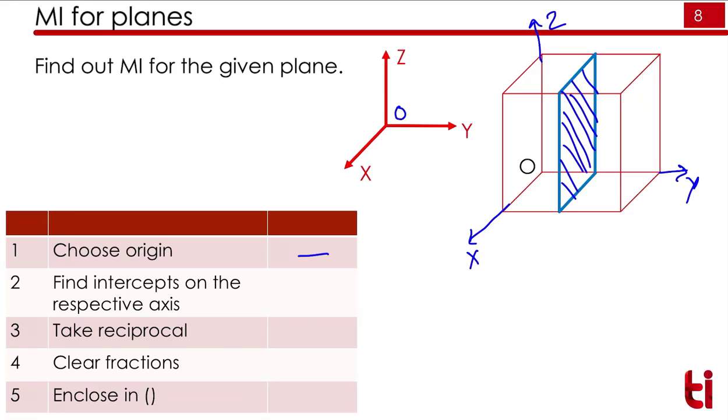The plane is parallel to the x, intercept is infinity. The plane cuts y at half position, intercept is half. The plane is parallel to the z, intercept is infinity. Take reciprocals: 0, 2, 0. Clear fractions. So the given plane is (0 2 0).